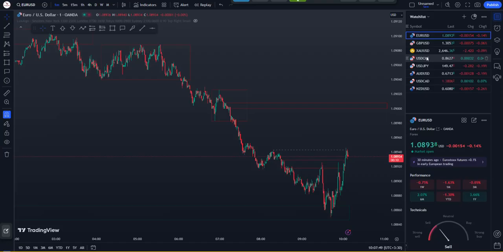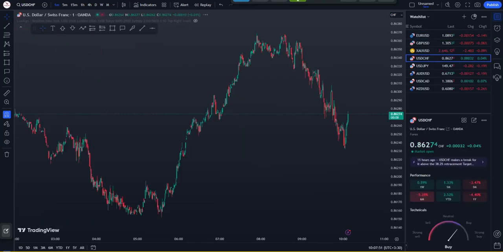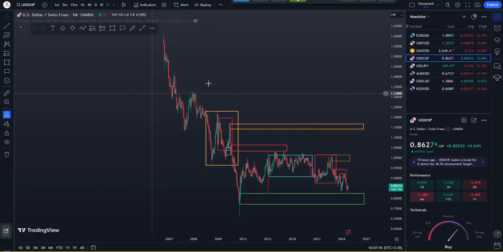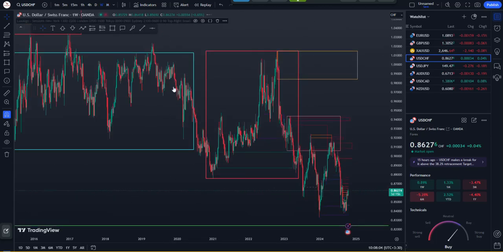So for now, let's go to USD CHF and be back to euro USD in the future. So in USD CHF, you can see price is going down, stuck here, and this demand is important here, makes hold price, makes that low.